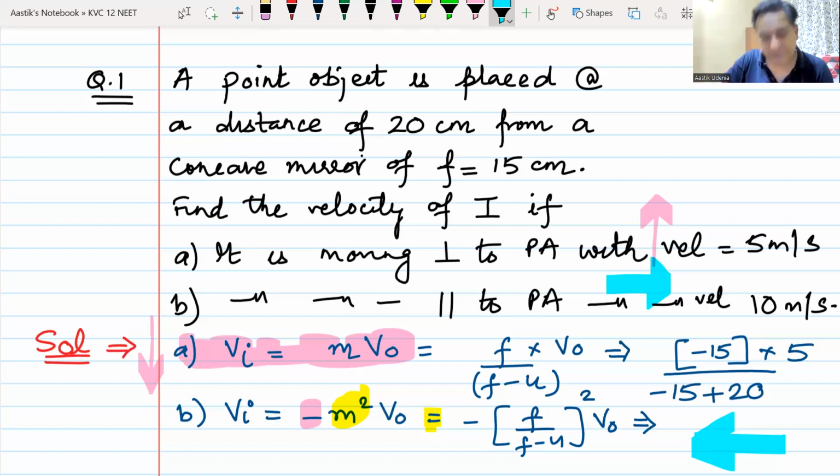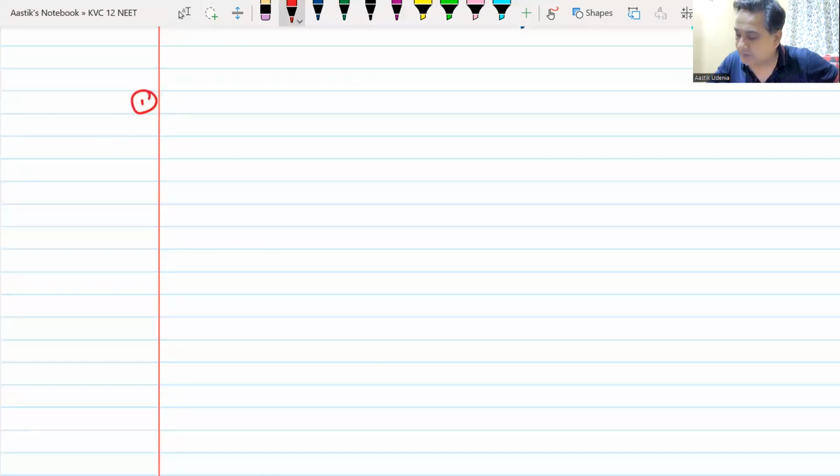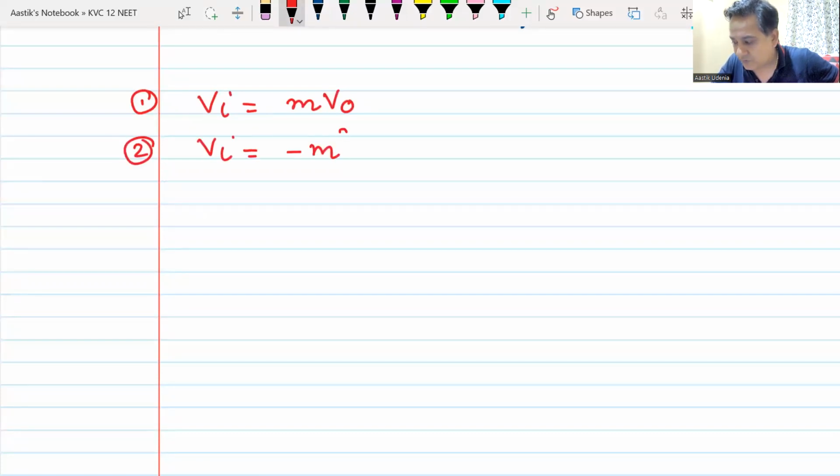Again I will correct myself and give you the formula once again. The first formula is when the object is moving perpendicular to the axis: the velocity of image is m times the velocity of object. In the second case, the velocity of image is minus m square times the velocity of object.